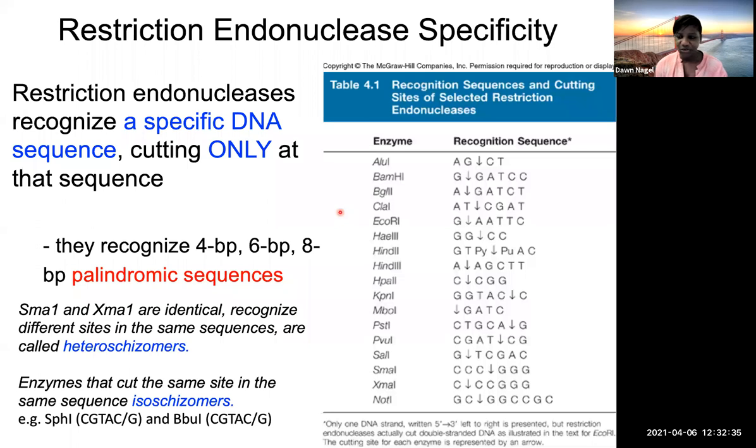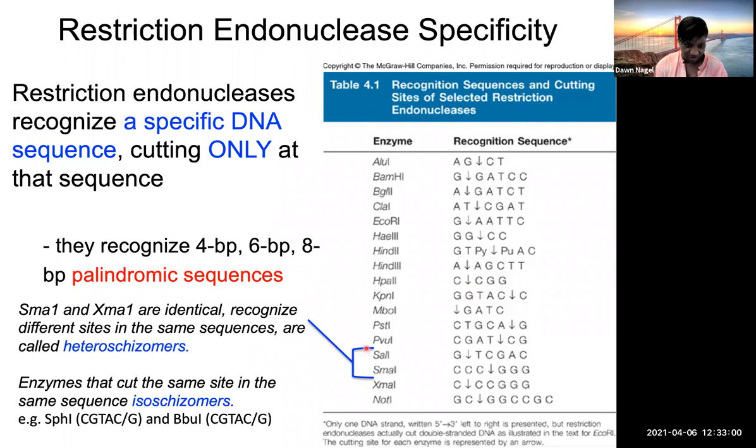The other thing that I want to make sure you're aware of is that you can have 2 enzymes that are similar in the sense that they recognize the same sequence but cut at different sites. And these are called heteroschizomers. One example that is listed here is SmaI and XmaI.